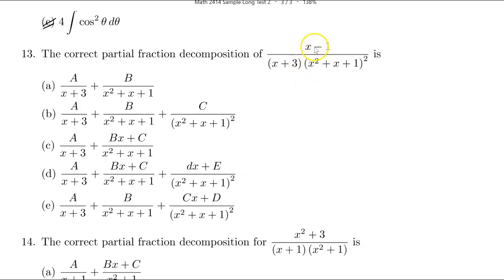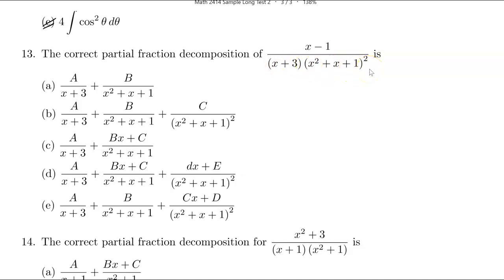But like in this case, the degree in the numerator is already less than the degree of the denominator, so you can proceed and decompose it into partial fractions. Your denominators will be each of these.